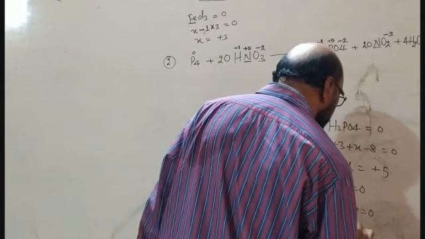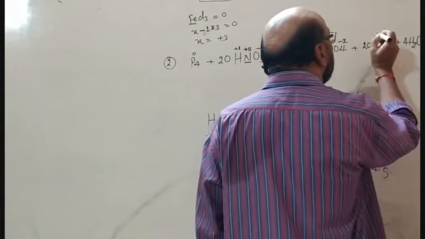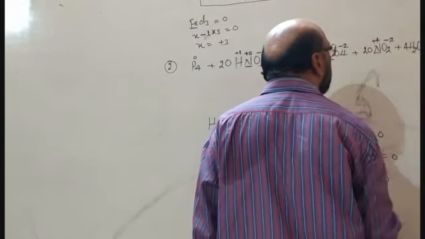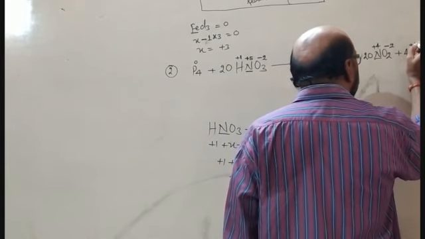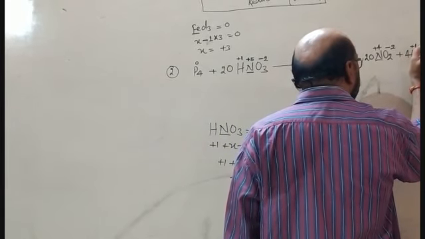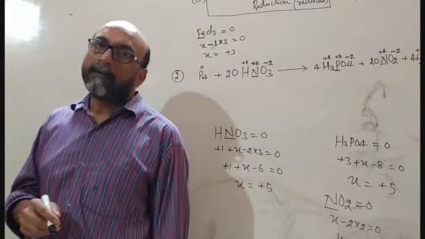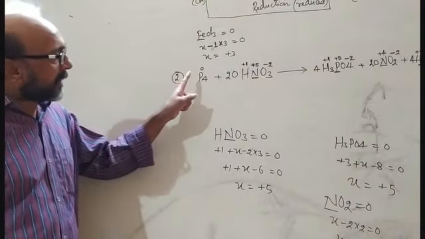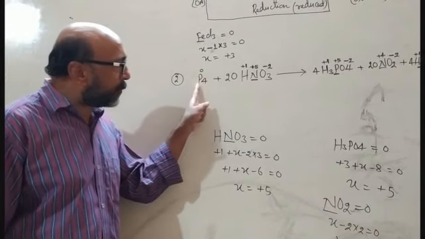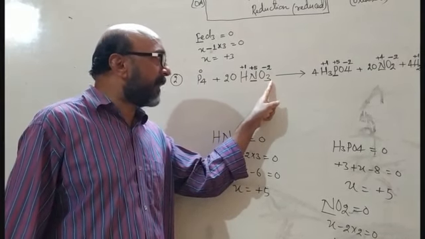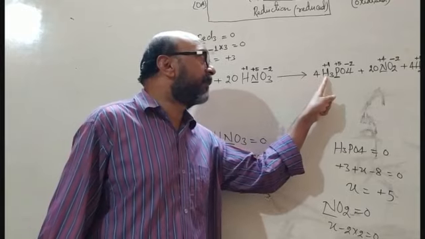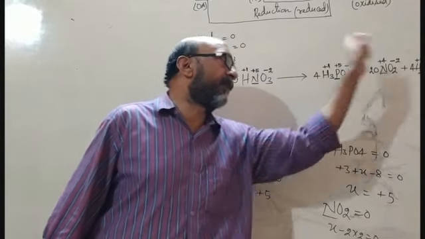Therefore X is equal to +4. Here oxidation state of nitrogen is +4, hydrogen in water +1, oxygen -2. So we have decided the oxidation state of each element in the reactant side and the product side.